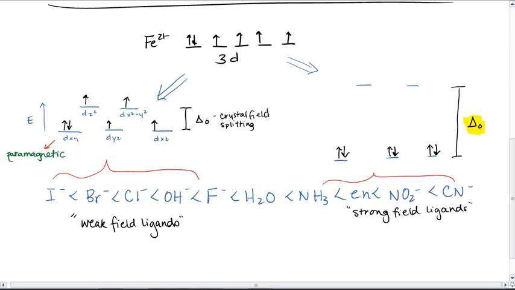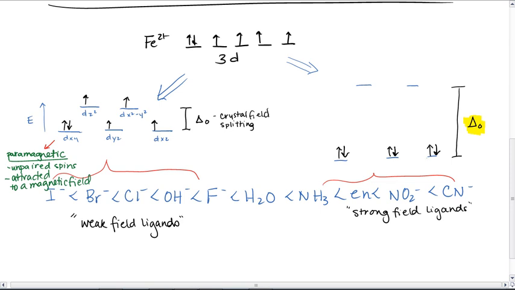Paramagnetic compounds have a lot of unpaired spins, a lot of unpaired electrons, and what that causes is they are attracted to a magnetic field. And so they notice that in some cases, like iron, for example, it is attracted to a magnetic field, but only when it has certain ligands attached, like the halogens, for example.